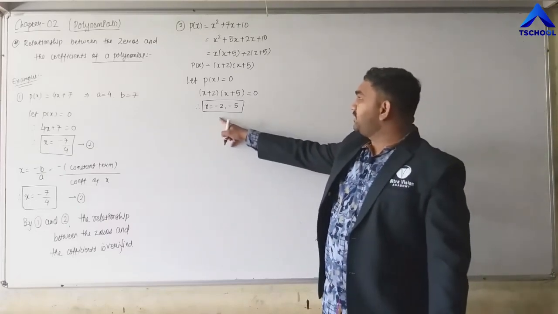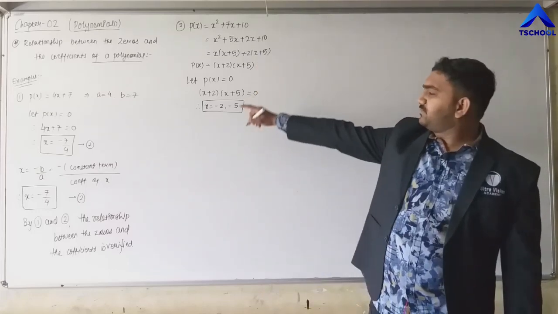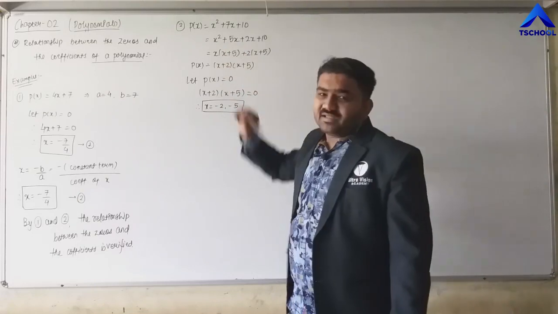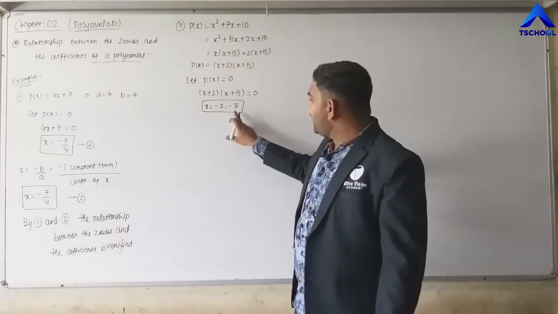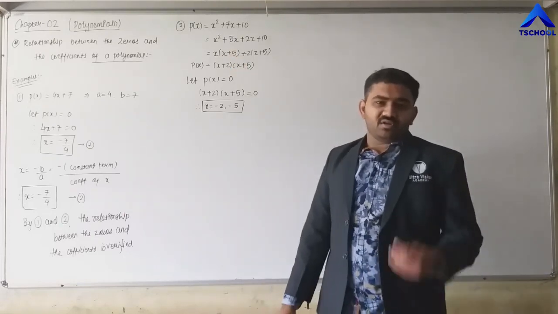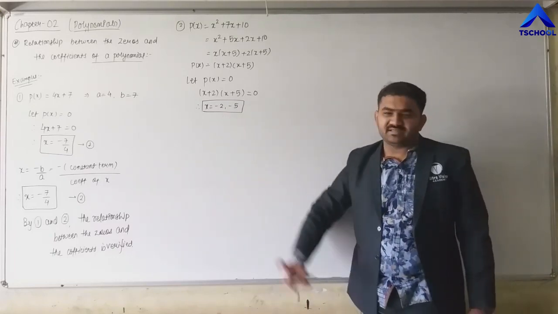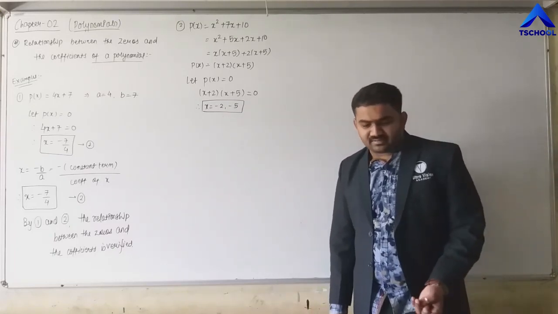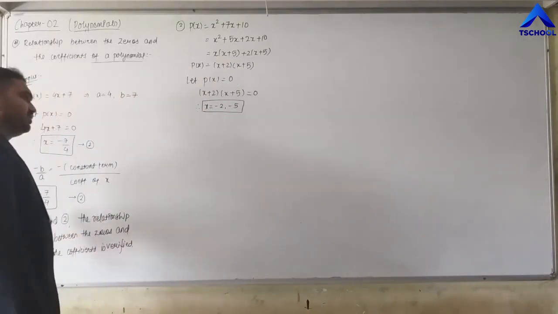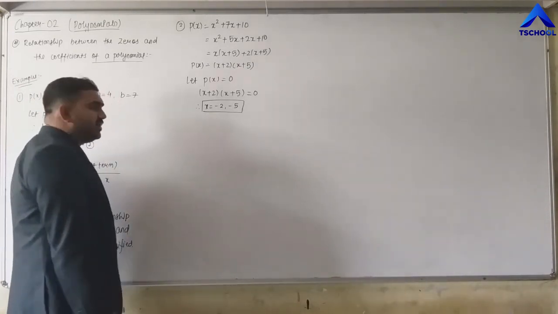Simply replace x by minus 2 in p of x, and replace x by minus 5 in p of x. If I get 0 in both the cases, then it is verified that these are the zeros. If we are not getting 0, that means these are not the zeros.